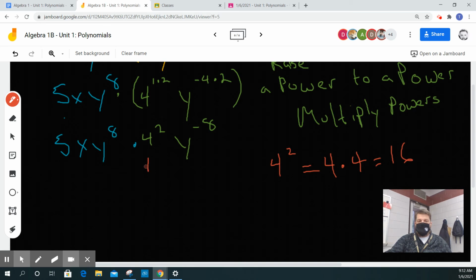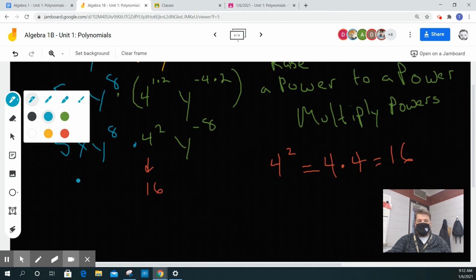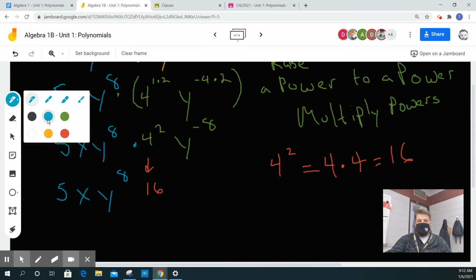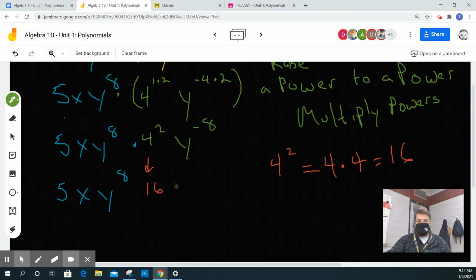So this right here becomes 16. And then what do I do? Everything else just stays the same. So I'm going to say 5x y to the positive 8. And then over here, I've got y to the negative 8.